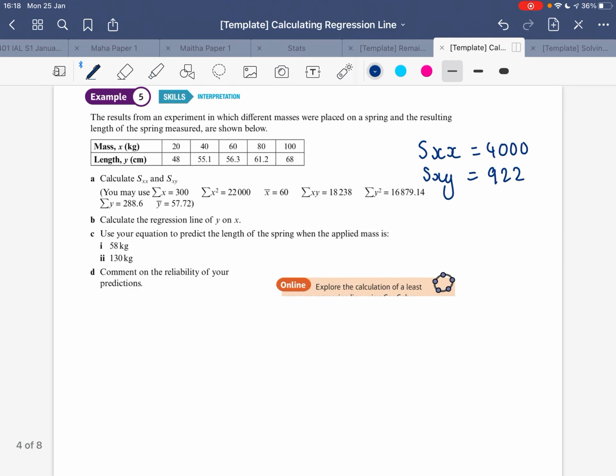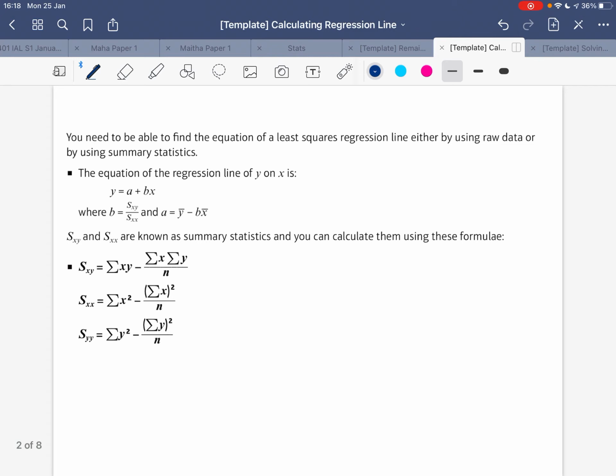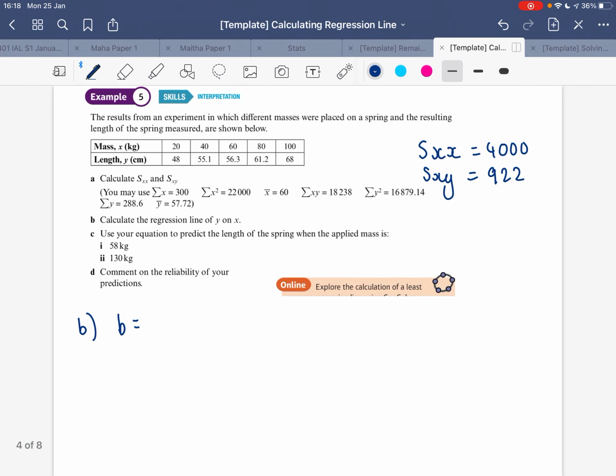Okay, part B then is calculate the regression line of y on x. So I've written the two values of Sxx and Sxy at the top there. So your regression line is y equals a plus bx. b is equal to Sxy over Sxx.